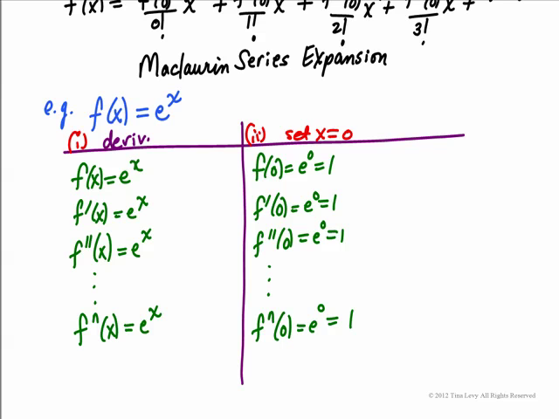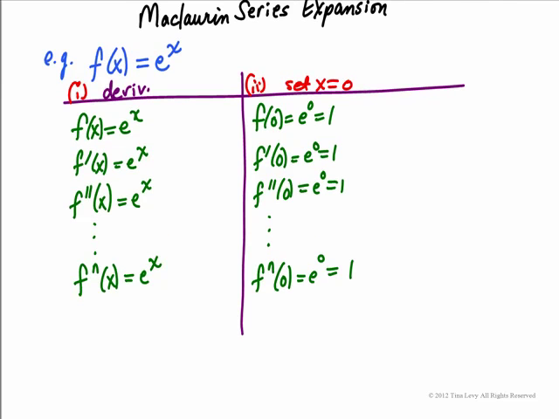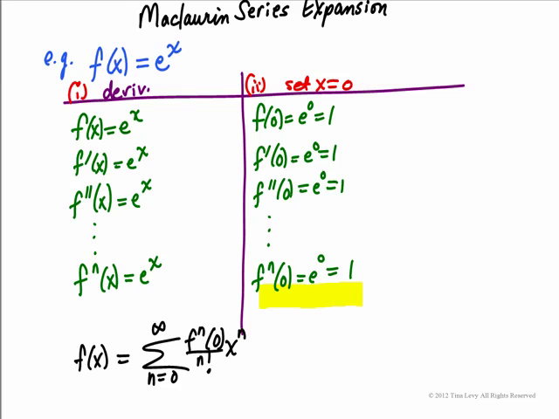I like to write the formula as f of x is the series n goes from 0 to infinity, the nth derivative of 0 over n factorial x to the n. Looking at this, we see that the nth derivative at 0 is just 1. So we are going to be able to substitute that in the sigma notation.